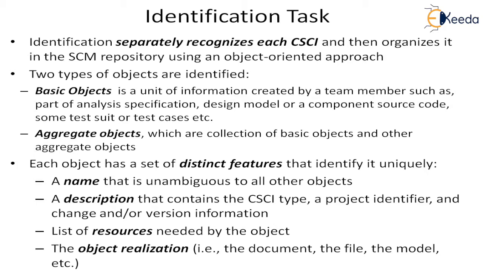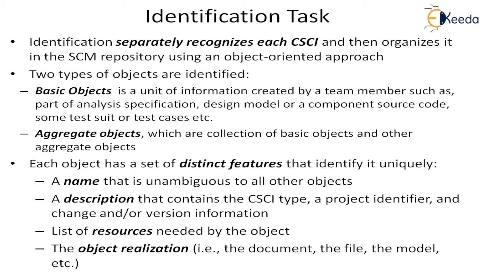So they are fractions of the complete thing, because a set of team members together will be doing an activity. So each team member will be producing only part of it. So these are the basic objects that the team members will be releasing to the repository. And so these have to be identified separately and as basic objects.